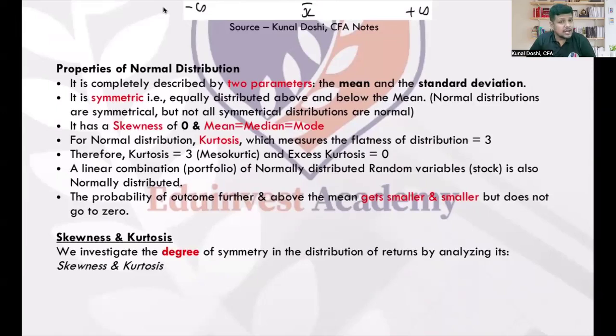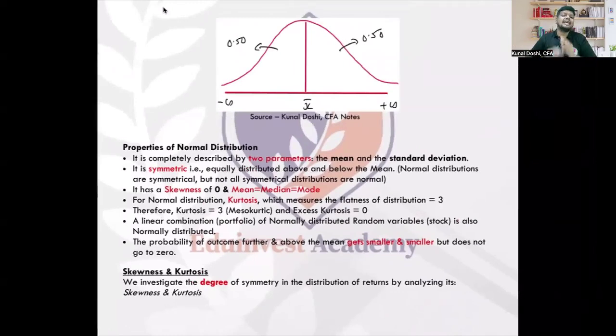These extreme numbers are called outliers. And because of outliers, what happens? The mean, not the median and mode, but the mean gets skewed or tilted to the left or to the right. So if the distribution gets skewed, is it normal anymore? No, it is not normal.